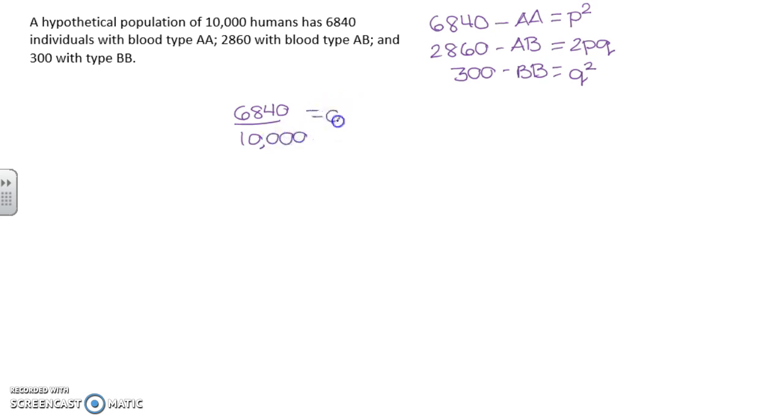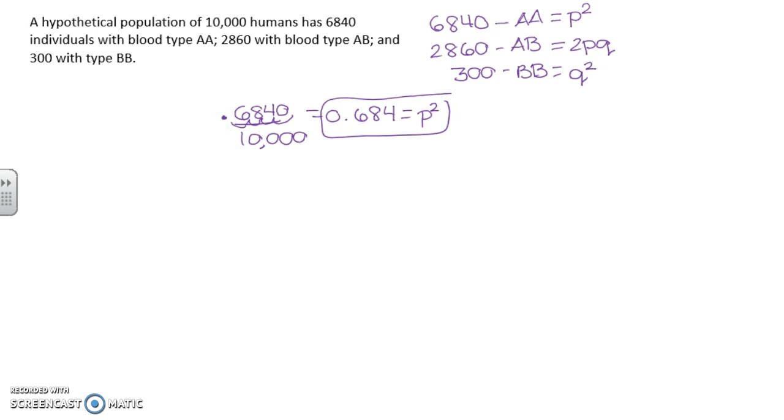That gives me 0.684 or p squared. If you don't remember, you can just move the decimal point four zeros, so 1, 2, 3, 4, so 0.684. So I got p squared.